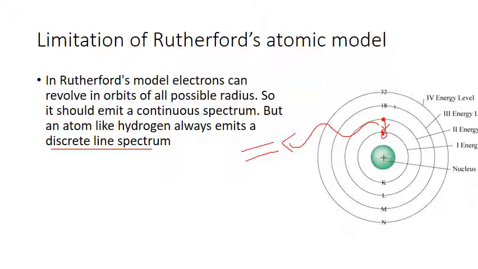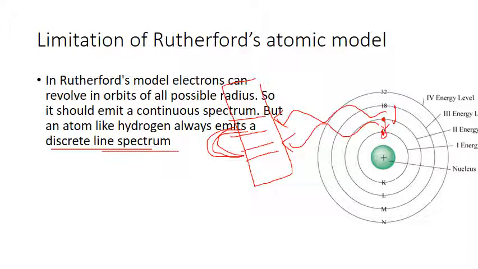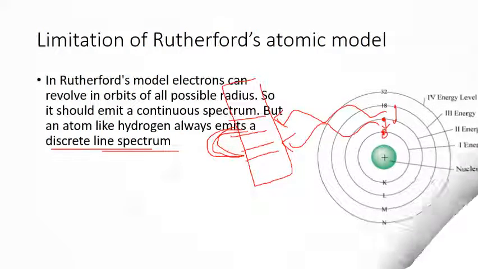When an electron makes a transition from this energy level to this energy level, it radiates some more energy, but the energy will be different compared to the first case. When you obtain this on a screen, it looks something like this. This is the spectrum of the hydrogen atom. Rutherford's model cannot explain this spectrum of the hydrogen atom. The spectrum of the hydrogen atom we will discuss.